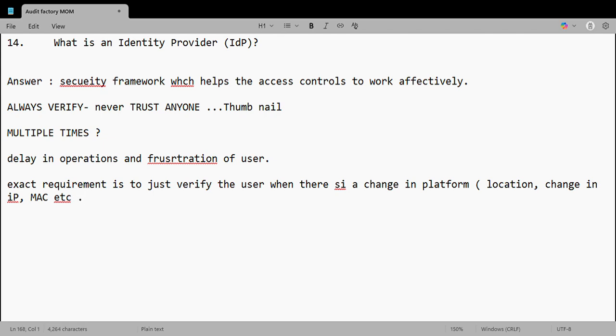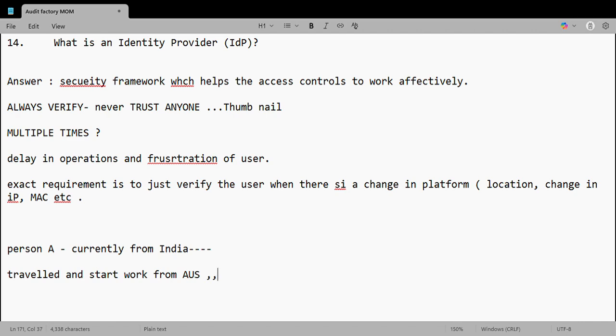For example, there is a person called A, and he is currently working from India. He travels today and starts work from Australia, for example. Okay, that means the location changed.